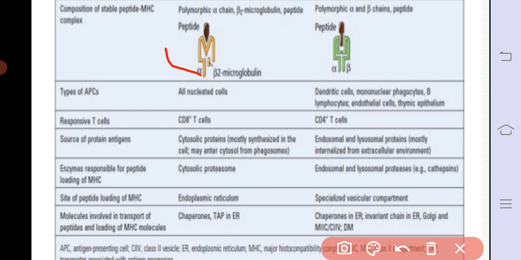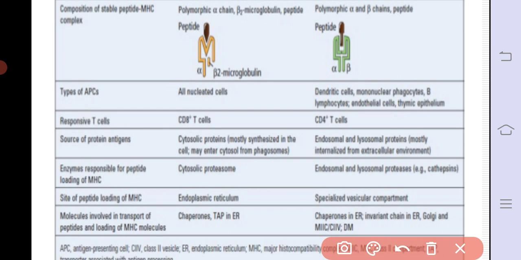They secrete granzymes, they secrete cytokines, and they also make a call to the remaining cells of the immune system and carry out a total degradation of that infected cell or tumorous cell. This is the action carried out by the CD8 plus cells.